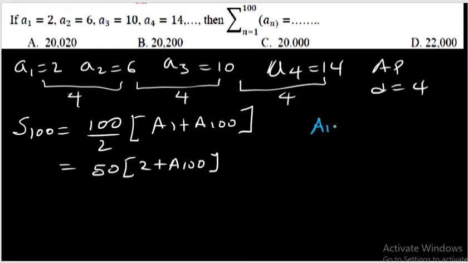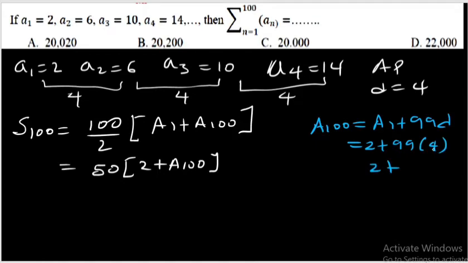Again, A100 means, as we said before, A1 plus 99d, which is 2 plus 99 times 4. So 2 plus, when you multiply, 396. Then 396 and 2 will be 398. I mean 400.